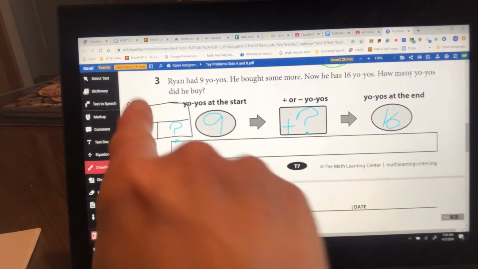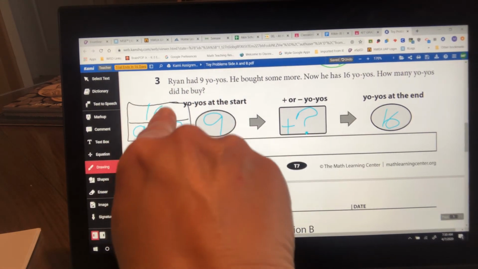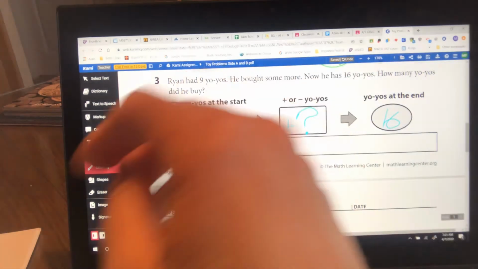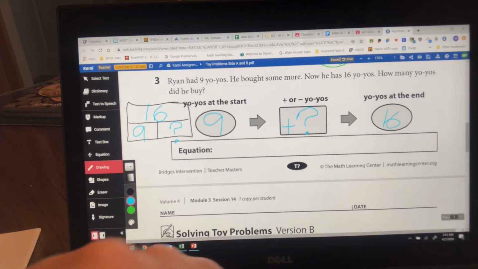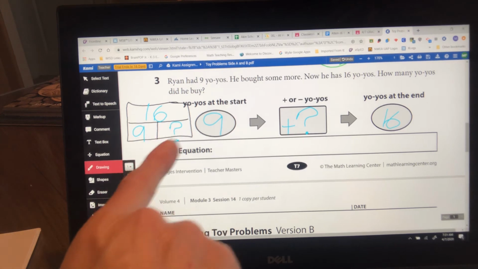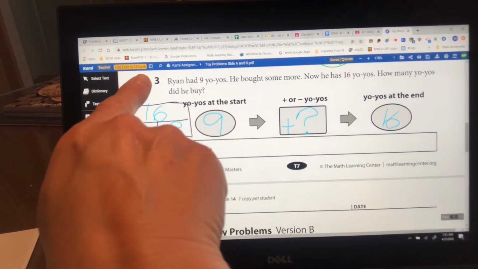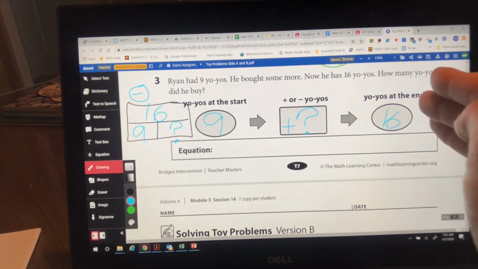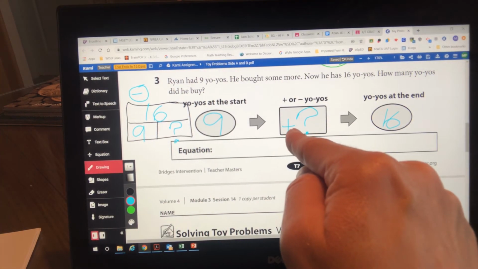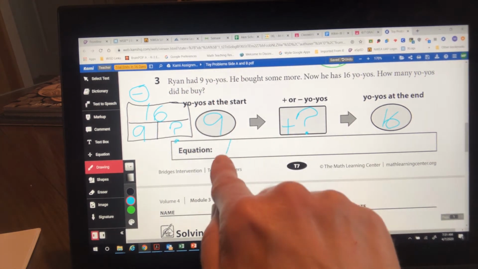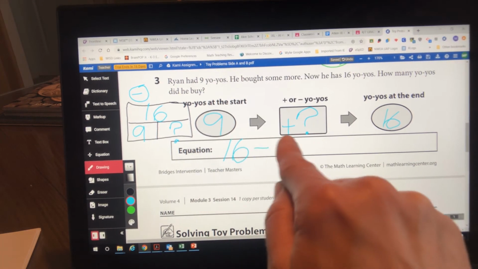And the 16 at the end was the total amount he had when he put both of those parts together. Remember, the only time I add is when I'm looking for the whole. And in this case, I'm looking for the part of the yo-yos that he bought. So even though it's an add to story, I'm adding a part that I don't know, which means I'm going to subtract in order to solve and find the missing part.